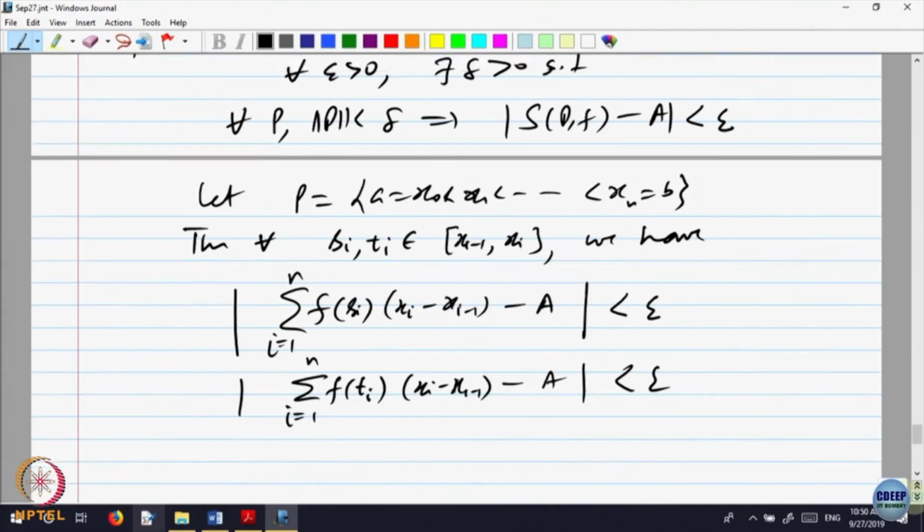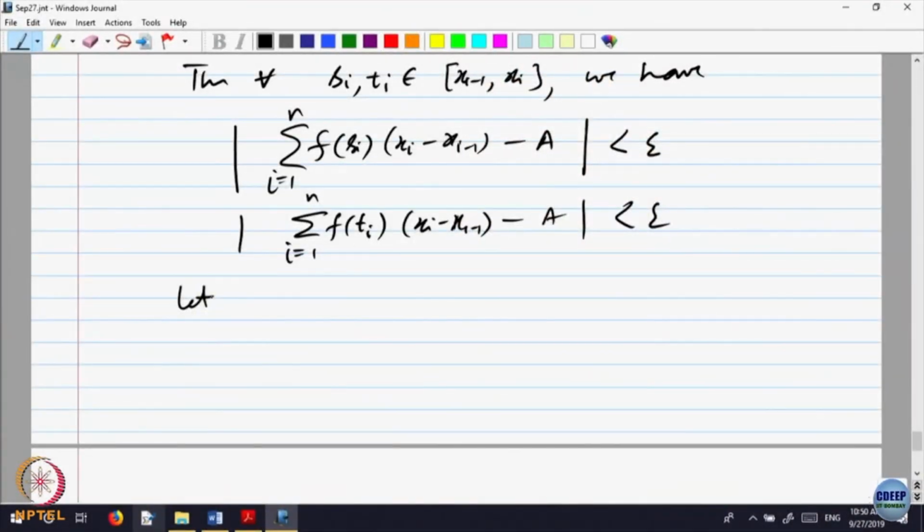But we only want it at a point, so let me make a choice. Let us try to take from these two equations. Let us subtract them and see what we get.